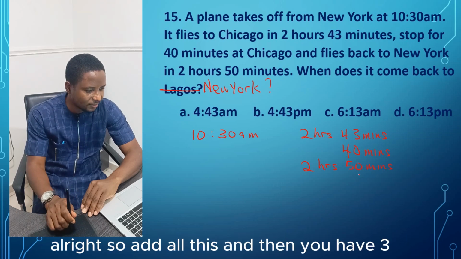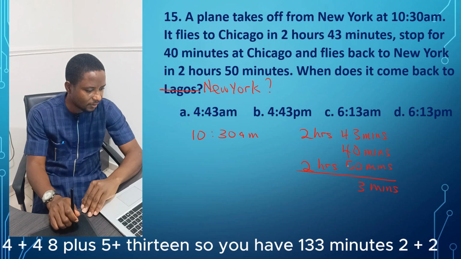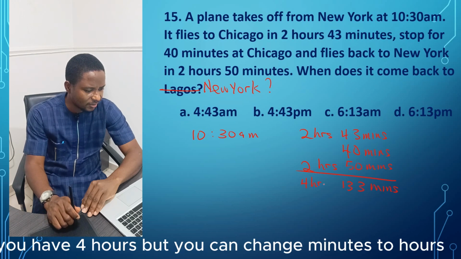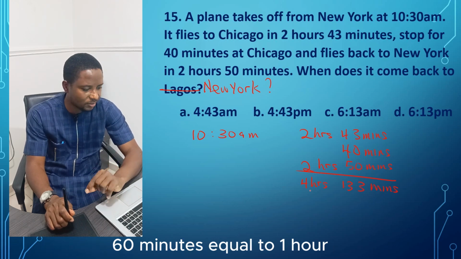All right, so add all this, and then you have 3, 4 plus 4, 8 plus 5, that's 13. So you have 133 minutes. 2 plus 2, you have 4 hours. But you can change minutes to hours. 60 minutes equal to 1 hour.